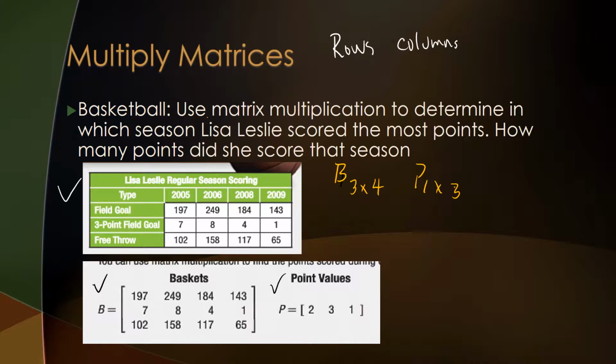But if the number of columns in the first matrices has to equal the number of rows in the second matrices, then I can't multiply B times P. But what if I switch that around to where I've got P, which is 1 row, 3 columns, and B is 3 rows, 4 columns, then my number of columns does in fact equal my number of rows, and I could put those in matrices and multiply them. And that, my friends, is what we're going to do.